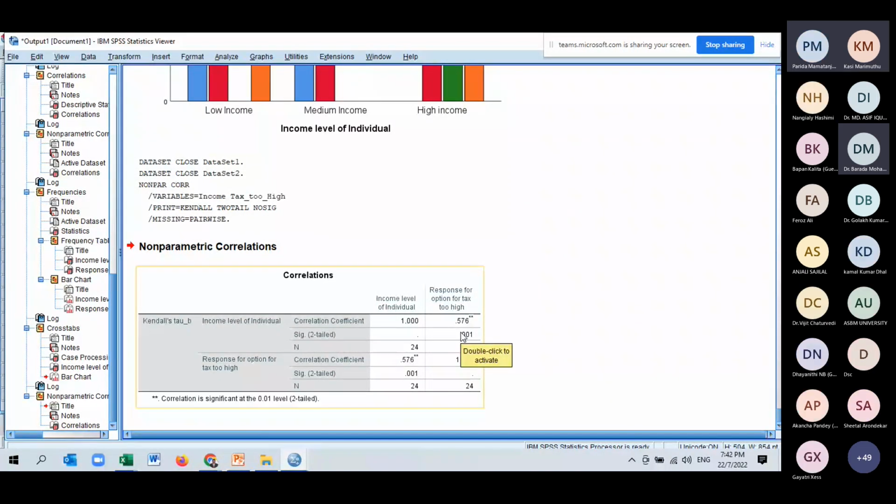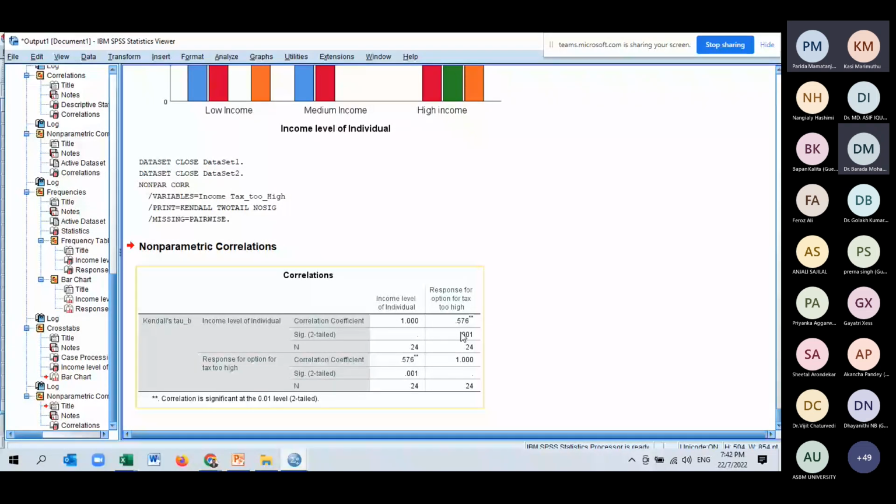Yes, tell me, ma'am. Sir, these are non-parametric correlations. So, if we have scaled variables but those are not normal, then we have these Kendall's tau. Ma'am, your voice is not clear, could you please speak a little louder?